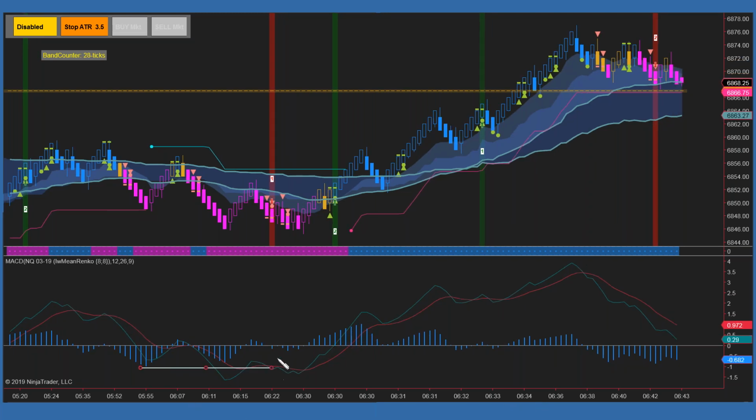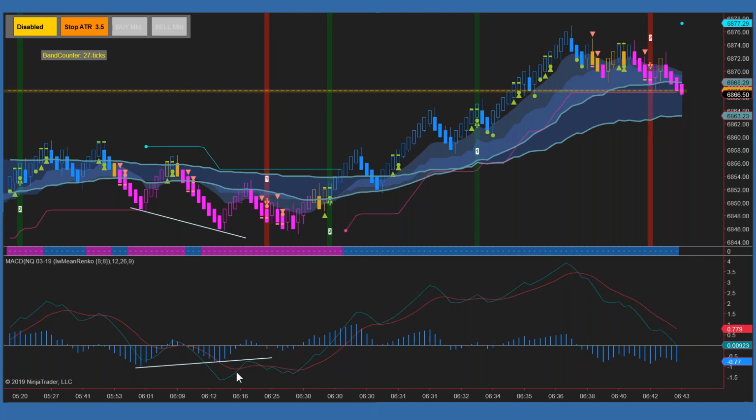So here we have some divergence. Price is going down, the indicator is going up. Why is that significant? Well, it's significant because usually the indicator wins. Not always, though. That's the tricky part. But usually the indicator wins.